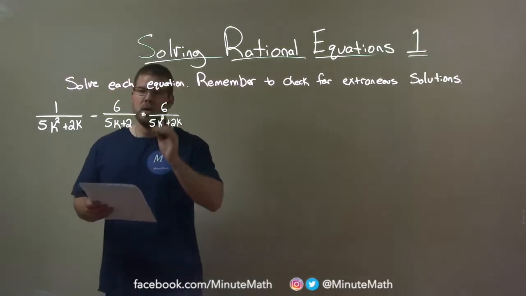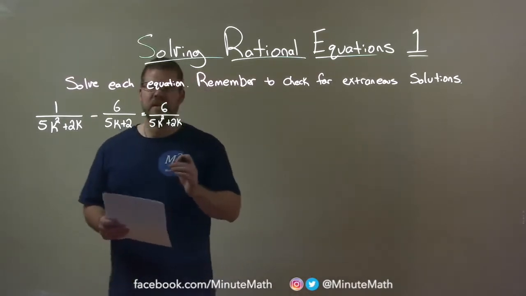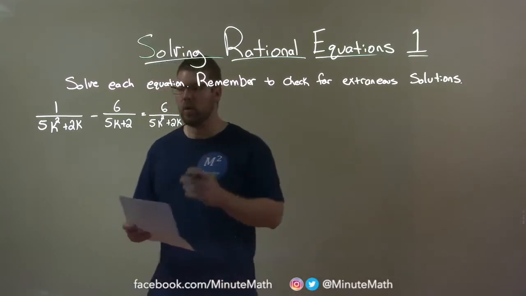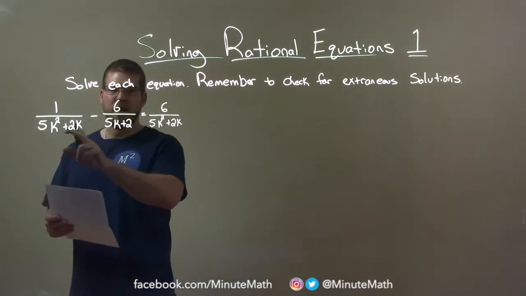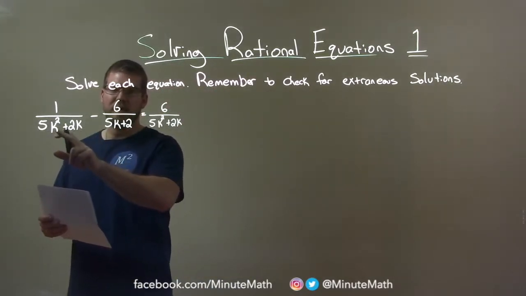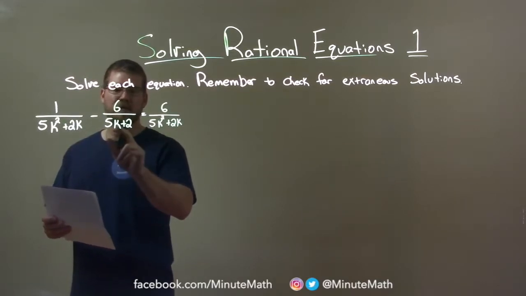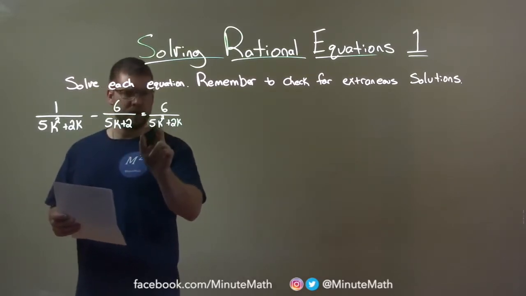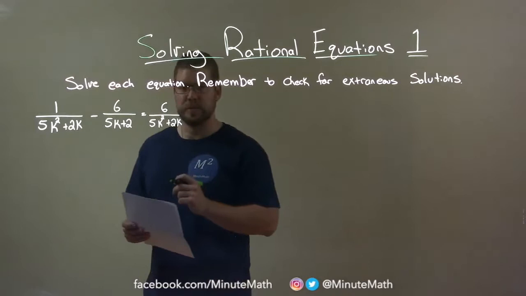Okay. One thing we know about our fractions is that we can only combine them when they have the same denominator. So all of our denominators have a k, obviously a 5, but notice we have a k squared and a k here, and this is just k and then a 2. Okay? So we have 5k squared, 2k, 5k plus 2, k squared plus 2k.